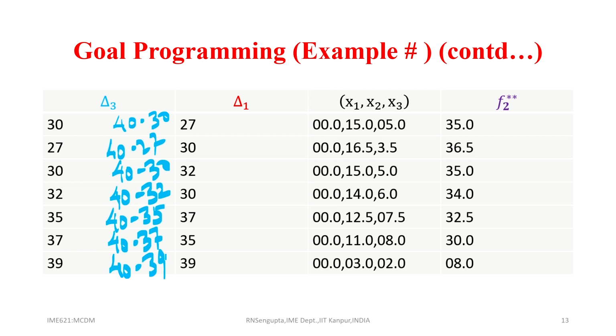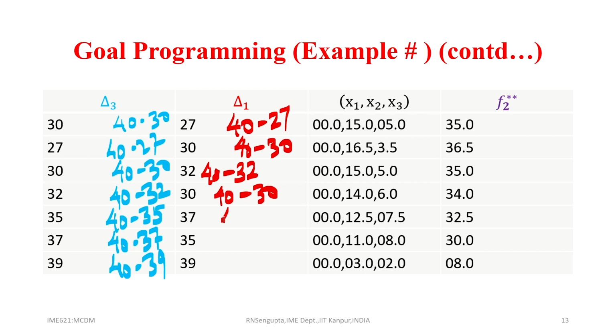On the right hand side, we are related to the first objective being brought in the constraint. Again 40 minus 27. So, I am repeating the right hand side: 40 minus 32, 40 minus 30, 40 minus 37, 40 minus 35, 40 minus 39.